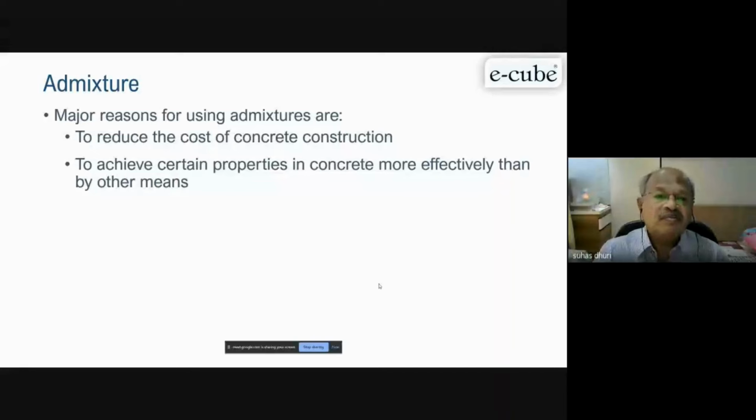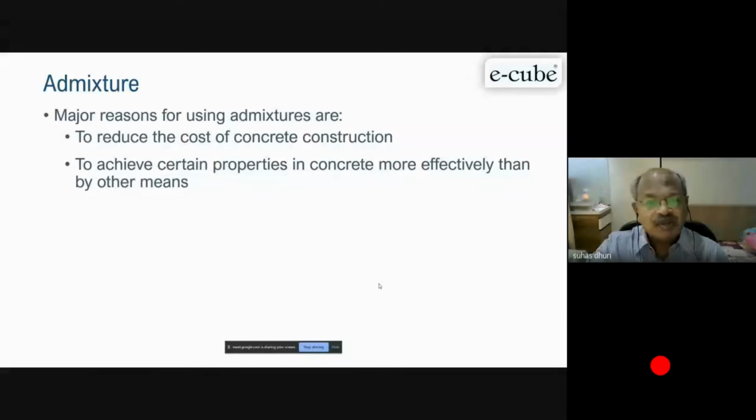Suppose you are working for a particular requirement of strength, and we have reached the maximum cement content specified in the code, and only that particular cement is available with you. We have to design a particular grade of concrete, and in the normal mix design you have reached the maximum level.